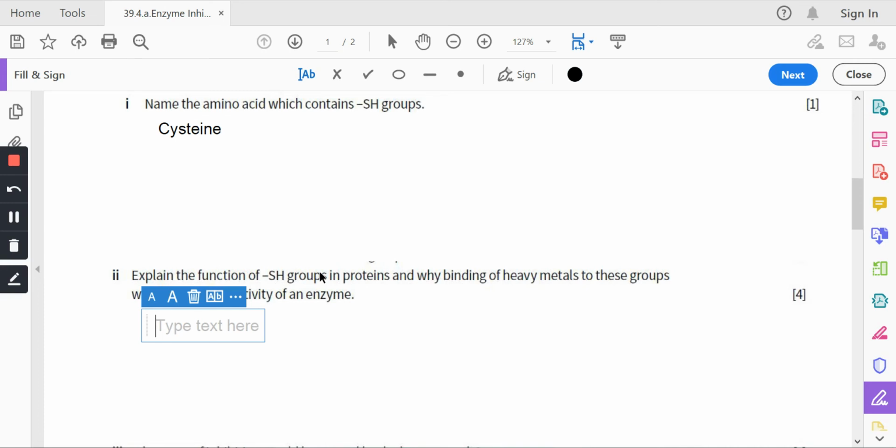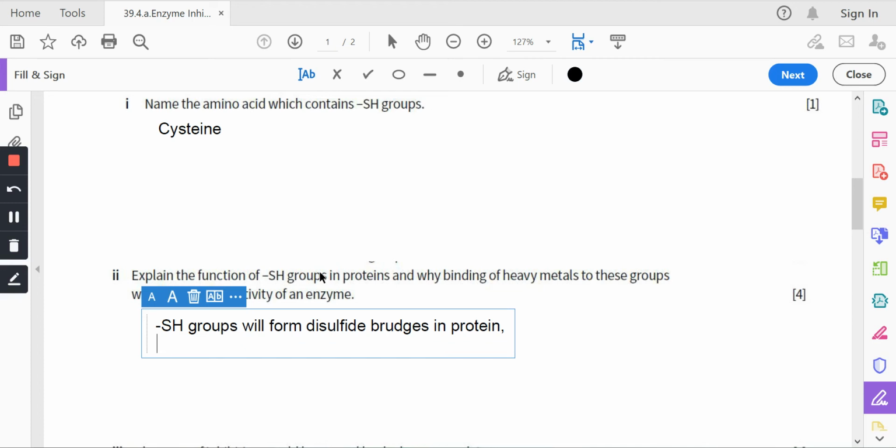So first I'm going to say that the SH groups will form disulfide bridges in proteins. We already know that these sulfur groups in the R chain or the alkyl group help in forming the disulfide bridges. Now if they are forming the disulfide bridges, I'm just making continuation statements.